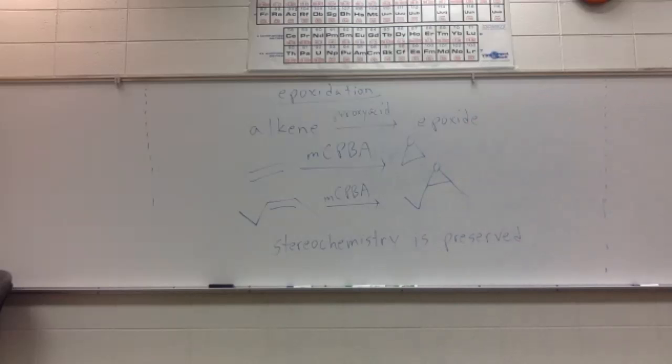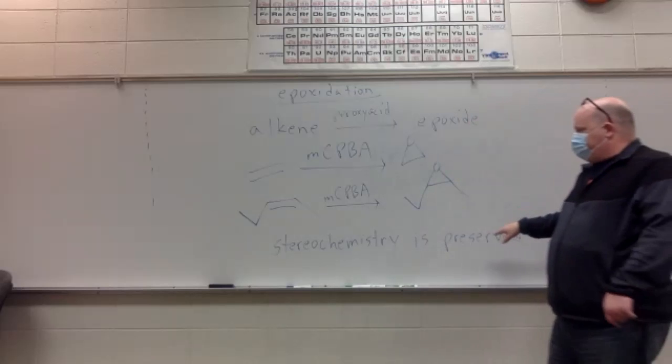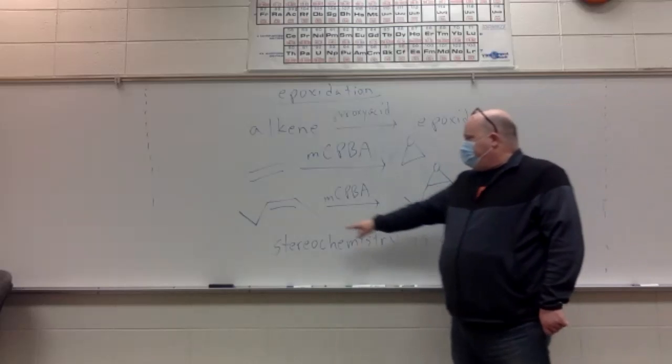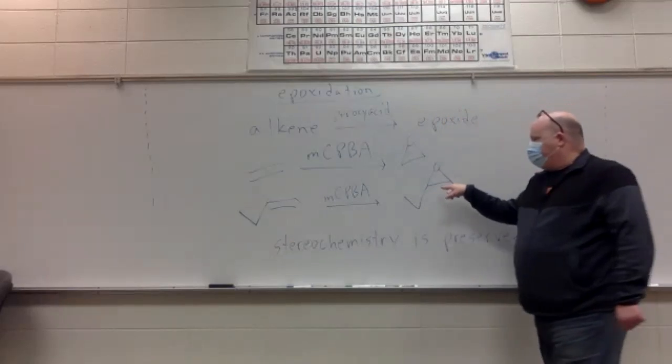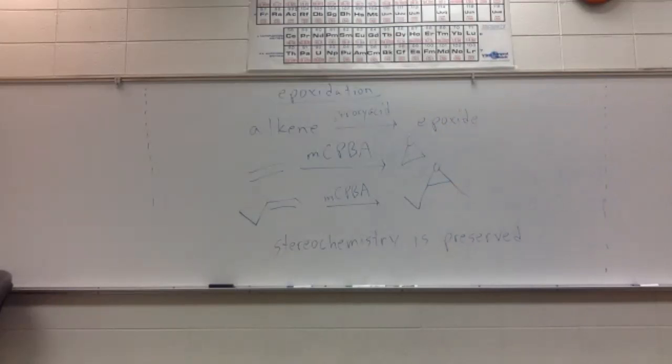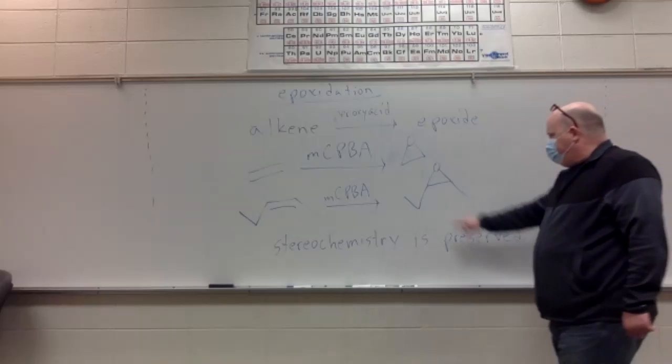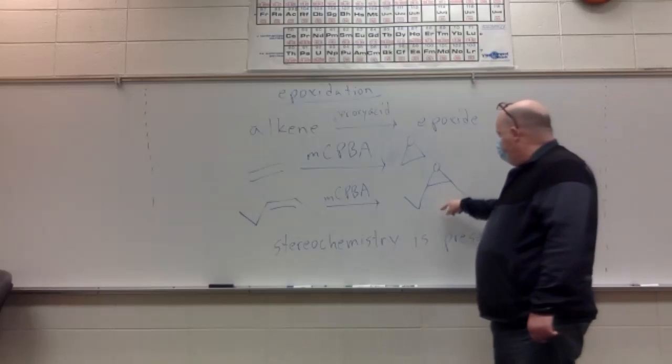Well, there's a simple rule for that. Stereochemistry is preserved. That means if you start off with a cis alkene, guess what type of arrangement you're going to get on the ring? Cis, thank you. So these two guys are going to be on the same side.